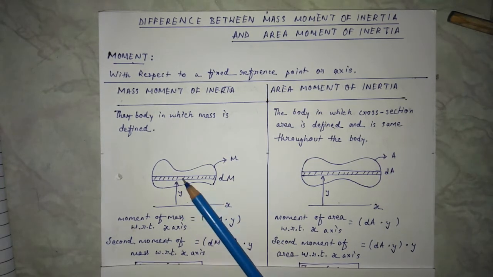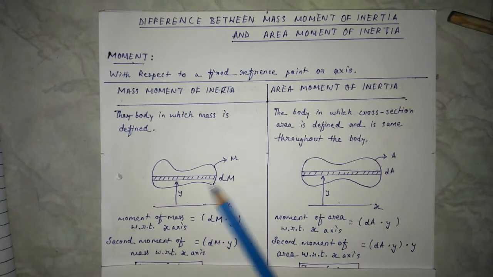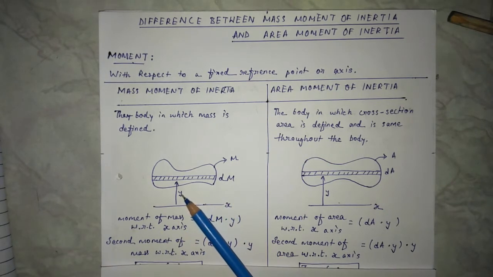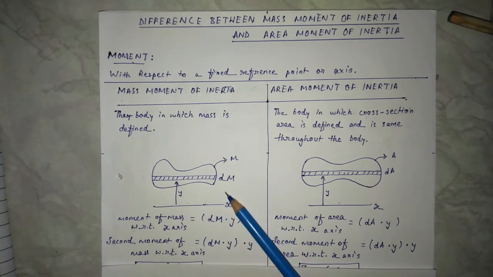Then take a portion dm, with respect to some x-axis and at some distance y. When we take the moment around it, we get dm multiplied by y.